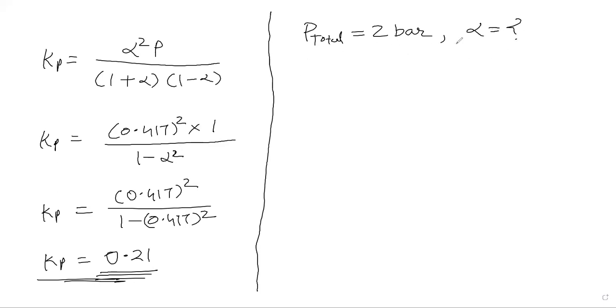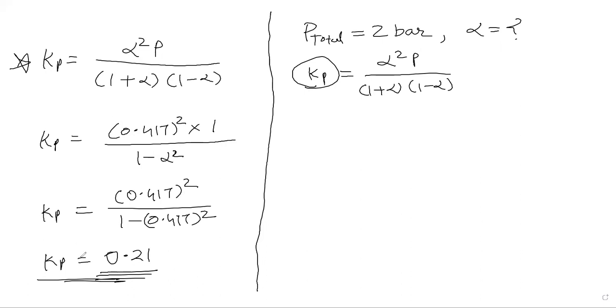In order to solve this, we have this equation, that is Kp is equal to alpha square P divided by 1 plus alpha, 1 minus alpha. This value of Kp we already found out here.